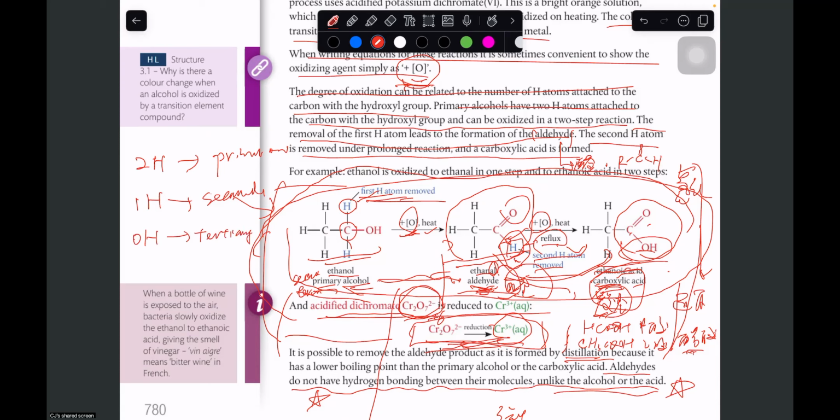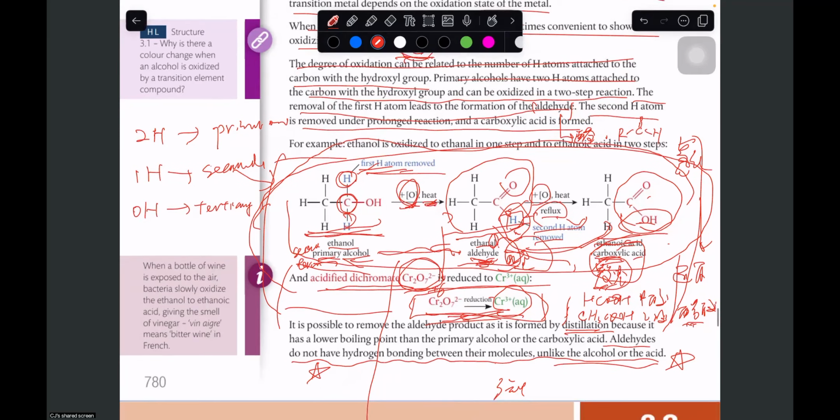Tertiary one. Okay. For example, in this alcohol, this carbon is connected with two hydrogens, so it is the primary alcohol. How do we oxidize it if we add oxygen and heat? First, this hydrogen and this one get out to produce water, H2O.